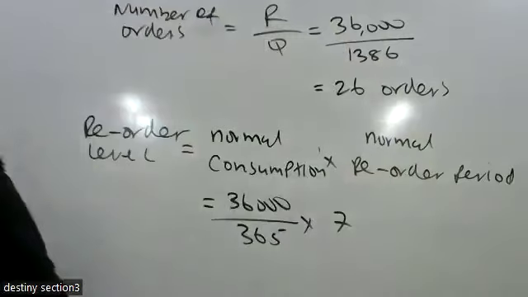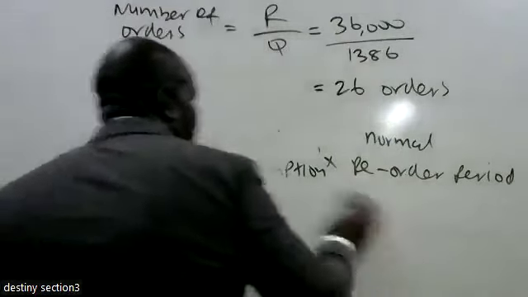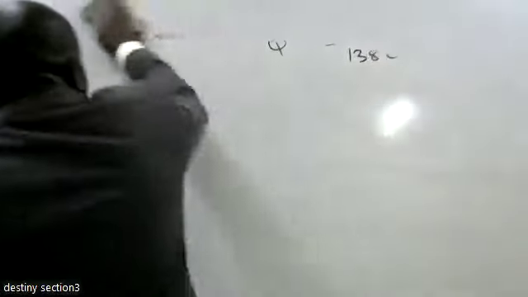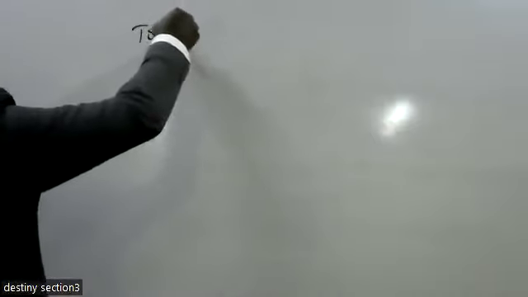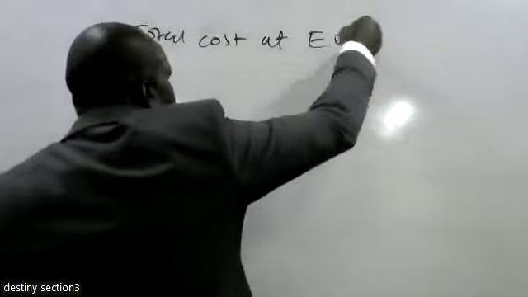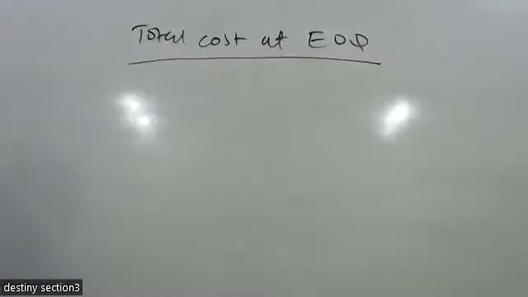So we compare them. First, get the total cost at the economic order quantity. We start off by getting the total cost at economic order quantity.